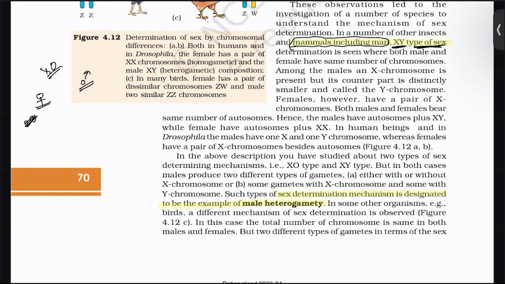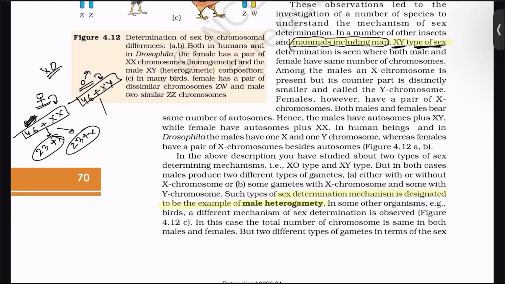Let's suppose I write 46 plus XX is the genotype of female and 46 plus XY is the genotype of male.